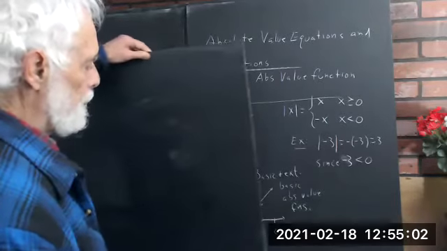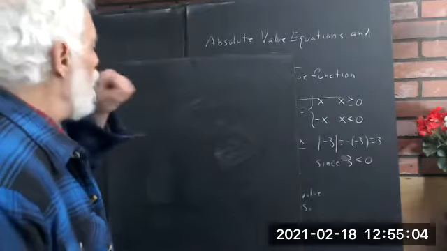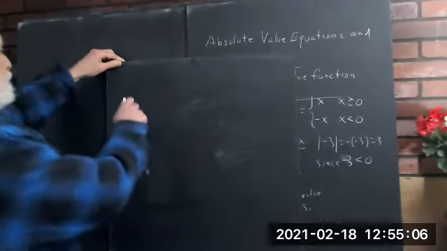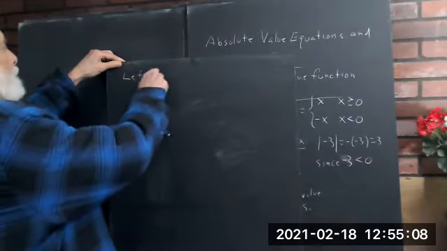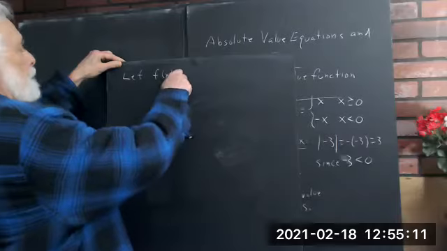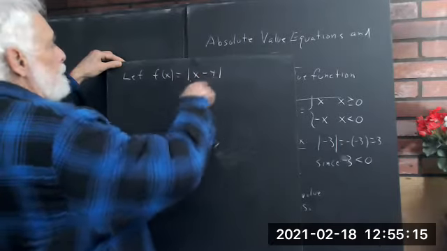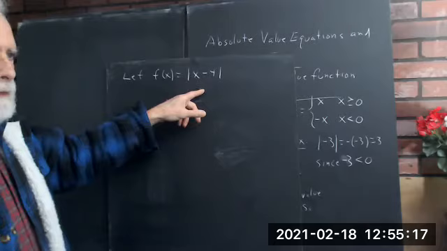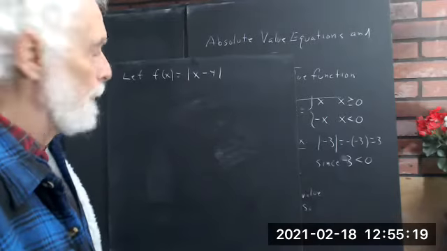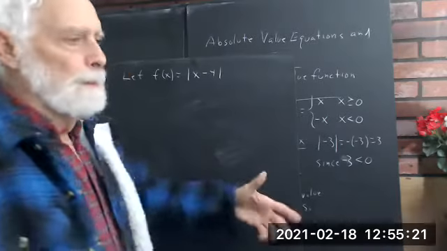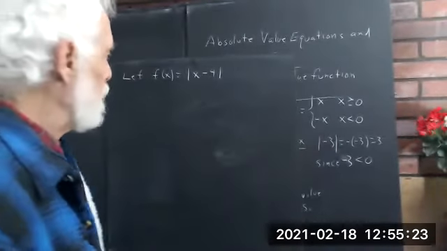Now, what if we had f of x equals the absolute value of x minus 4? Well, we could plug in points and stuff, but we don't have to do that.